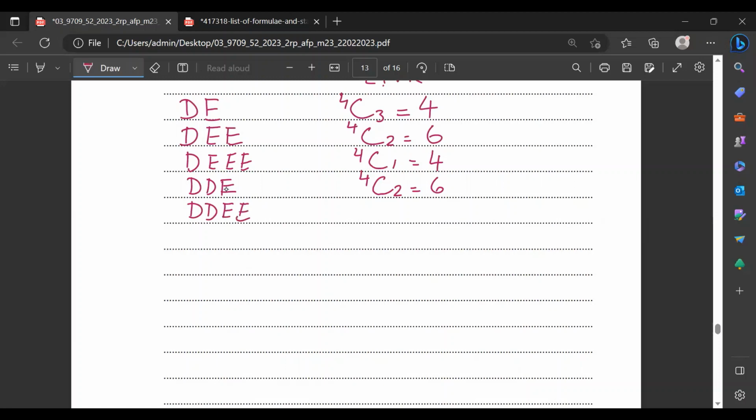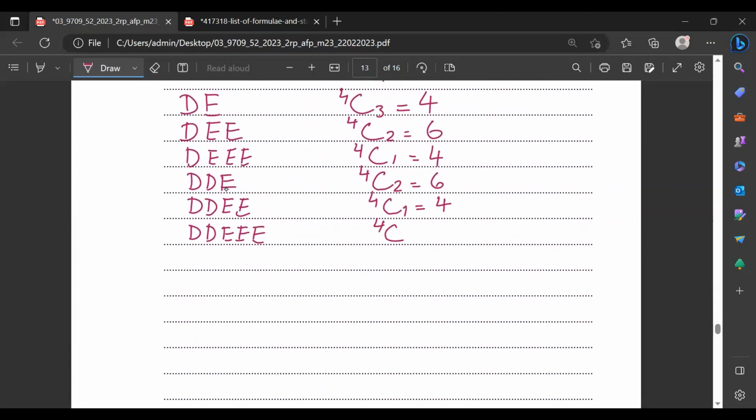We have selected 4 of them, we need 1 more to complete a selection of 5, so this answer is again 4. Then the last option is 2 D's and 3 E's. Already we have selected everything, so from the rest, L, I, V, R, we need nothing. So the answer is 1.